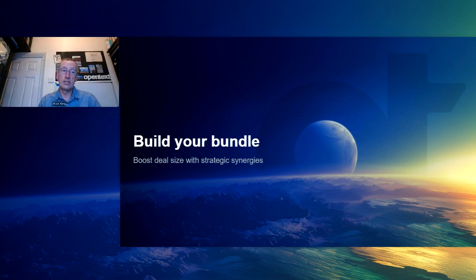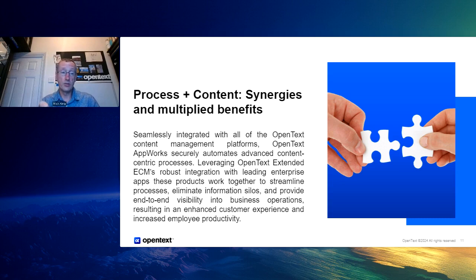The key thing here is that AppWorks, as it used to be called, is one of many things we sell: content management, analytics, security. As a partner of OpenText, there's a lot of value in building a solution that incorporates not just one product but many products. Content is a key one for us, and if you integrate AppWorks with one of our content solutions, you get the ability to seamlessly bring content into your case or workflow processing.